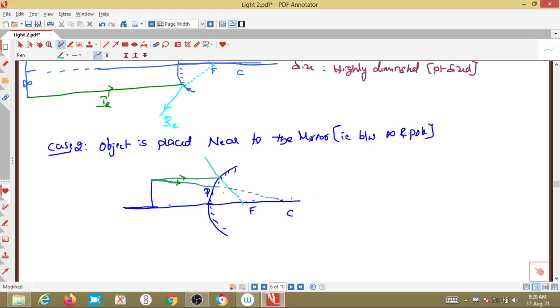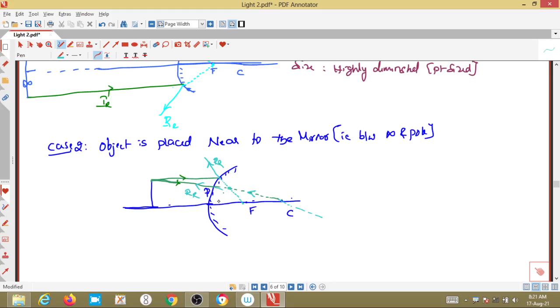Now when the incident ray appears to be focused on the point C, in the sense what? It appears to be passing through the center of curvature. When the ray is passing through the center of curvature, how will be the reflecting ray? It is moving back, right, in the same path. This is the first reflecting ray, this is the second reflecting ray, they meet here, right.